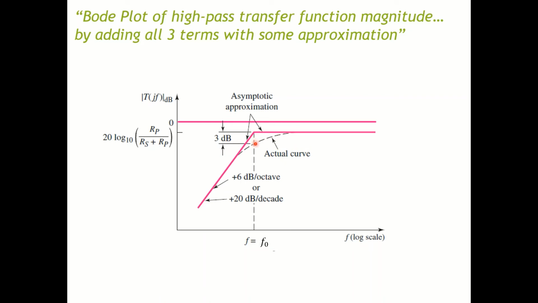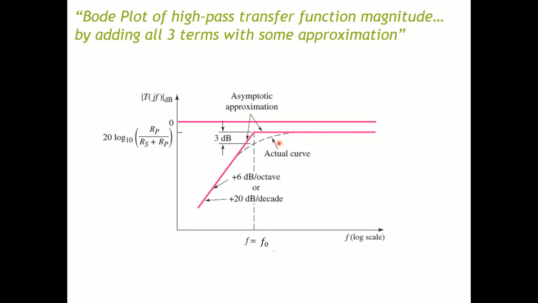However, for the sake of convenience, what is different in a Bode plot is that you use an asymptotic approximation. Since this line and this line are linear, you can have a linear approximation toward the corner frequency, so that you can easily draw an approximation plot.